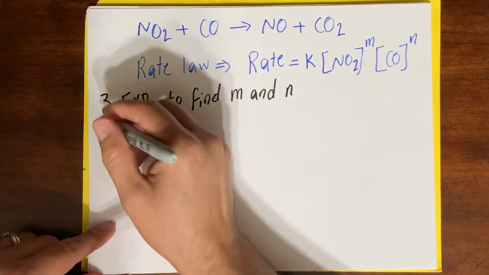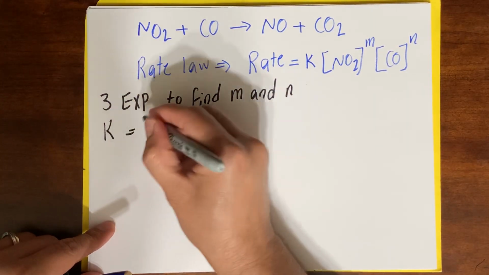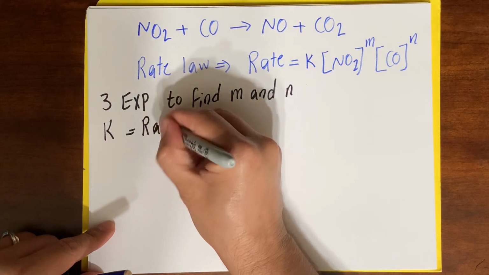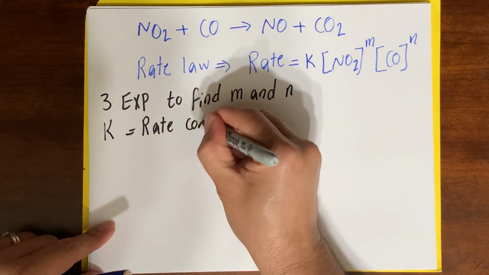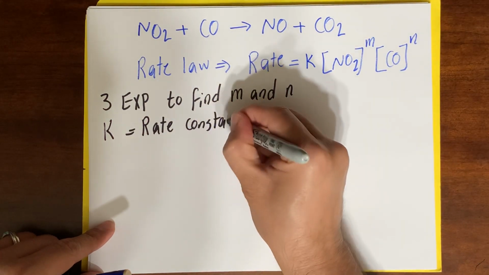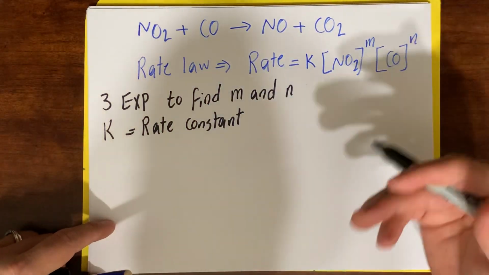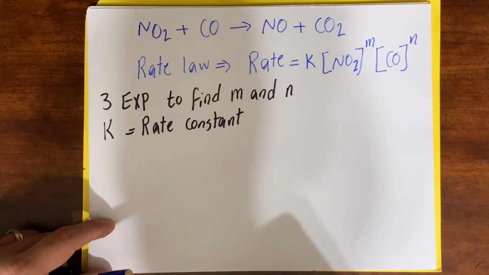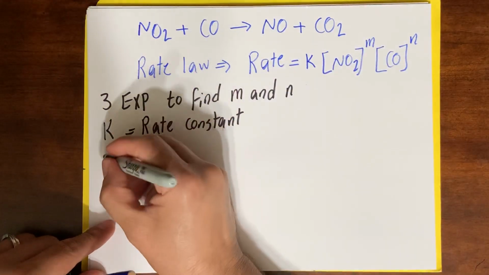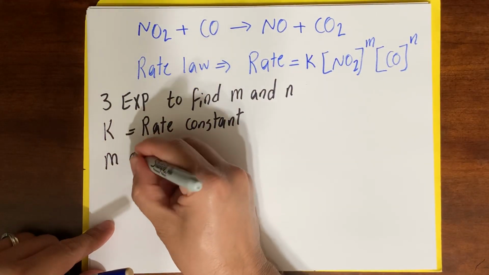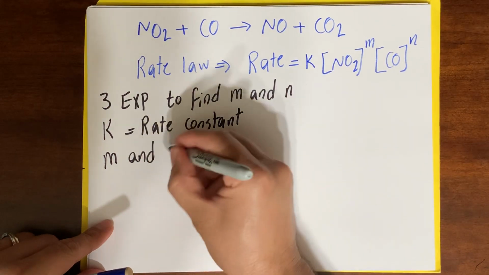Okay, and what's K? K is the rate constant. Again, we have to find that one, and I'm going to show you how to find K. What's the meaning of M and N?